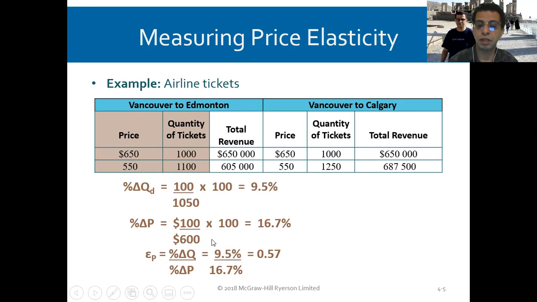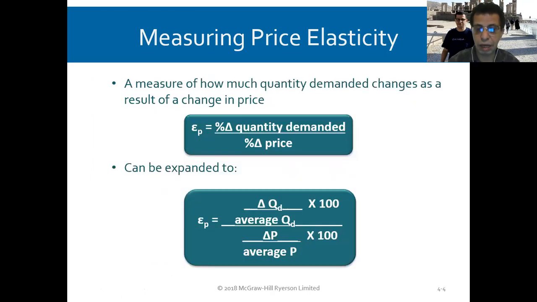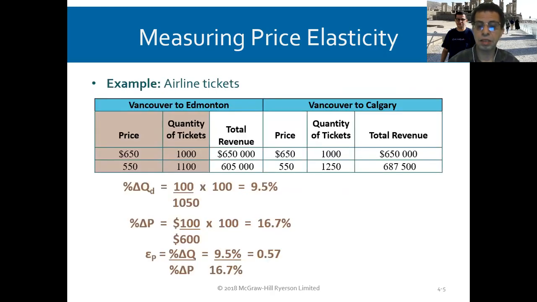And you get the percentage. And as we said in the earlier one, we expanded that: the percentage change in quantity demanded over the percentage change in price. If you notice here, this is how to calculate the price elasticity, and this is where the expansion is happening.